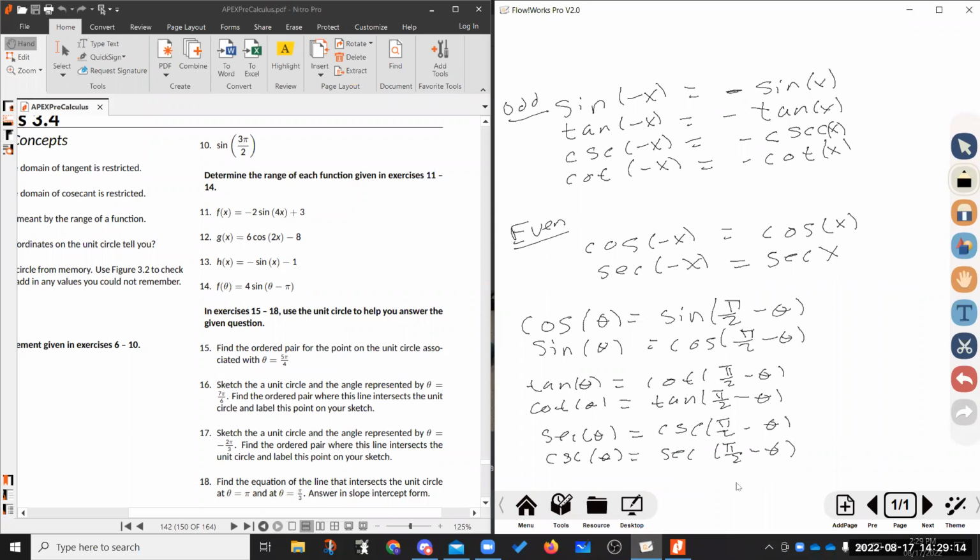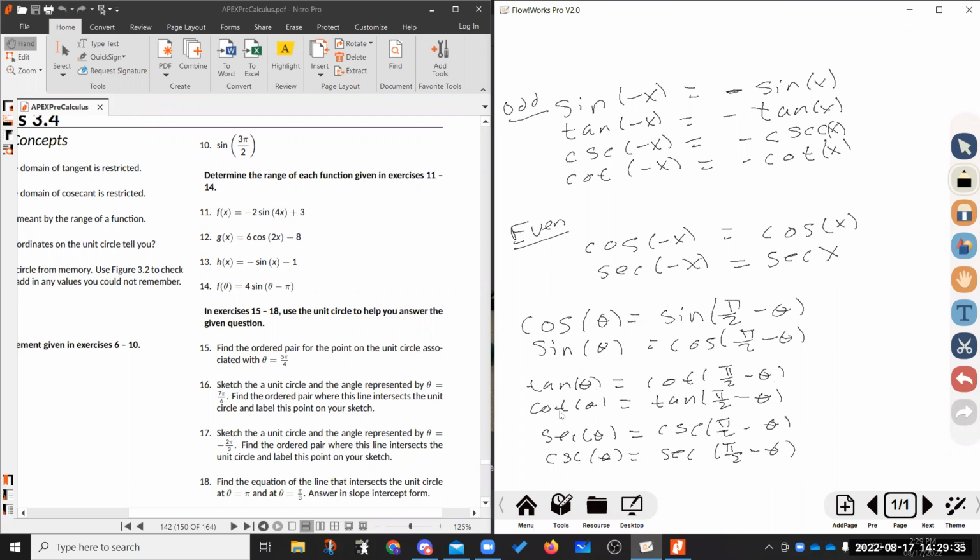So what we've learned already about transformations of graphs, you should be able to see that there is a horizontal reflection along with a horizontal transformation going on here with these co-functions, and you should be able to take the sine graph and transform it into the cosine graph.